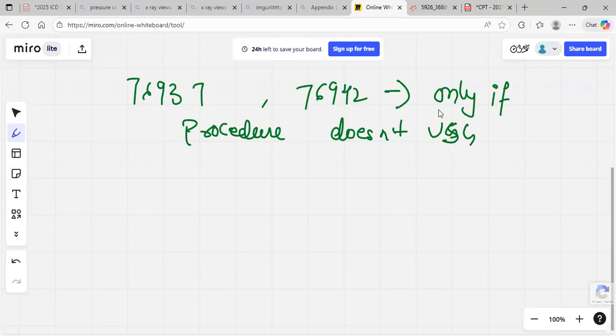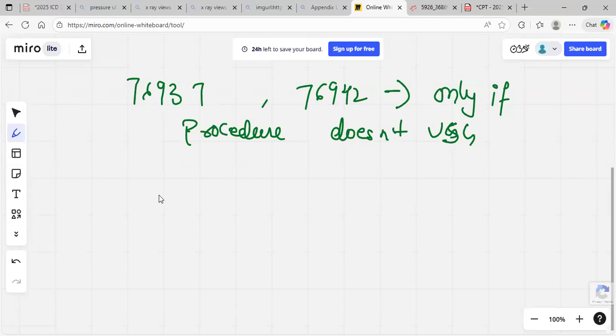If the procedure does not include the ultrasound guidance, then only you have to bill these codes separately. If your code already has the ultrasound guidance, then you are not going to bill this separately.